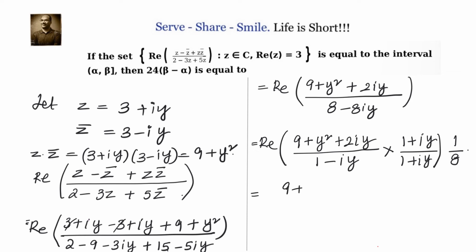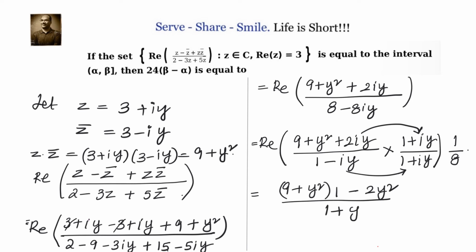So that will be 9 plus y square minus 2y square, divided by 1 minus i square y square, but i square is minus 1, so it will become 1 plus y square. That is equal to 1 by 8 into (9 minus y square) by (1 plus y square).